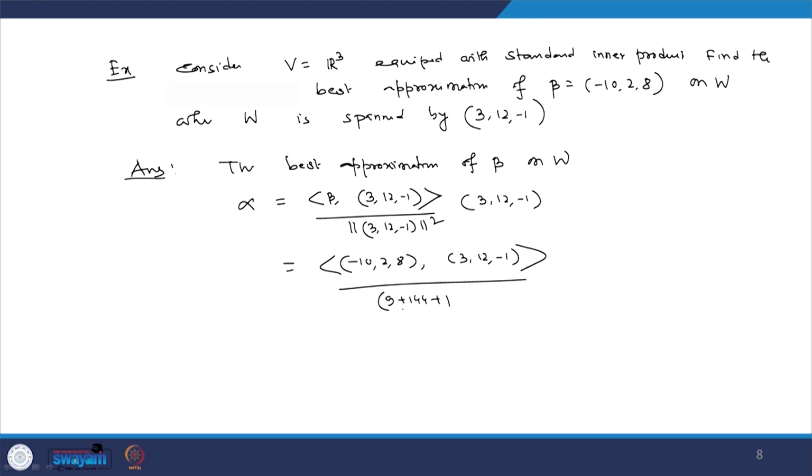So, some number will be there, and then the vector 3, 12, minus 1. So, this will be equal to minus 30 plus 24. I am just telling you the procedure, please. So, this number divided by 154, into the vector 3, 12, minus 1, please. So, this is the answer, please.